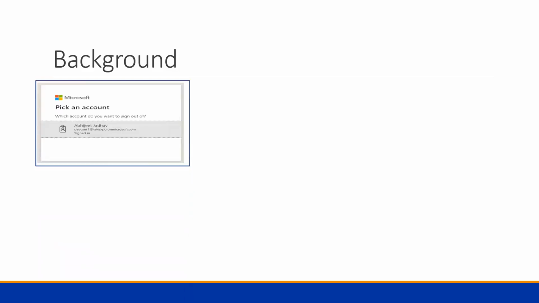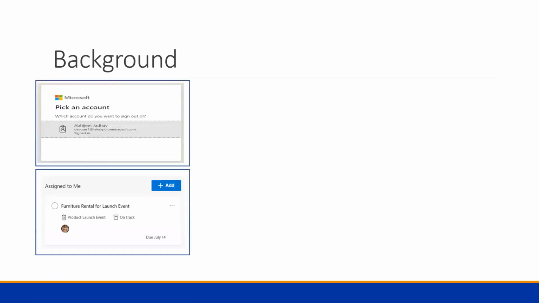So let's begin with the background of Microsoft Graph Toolkit. This was solely developed with an intention to help developers of all experience levels to expedite the development of web applications, a Microsoft Teams tab, and SharePoint web part that connects to the Microsoft Graph.